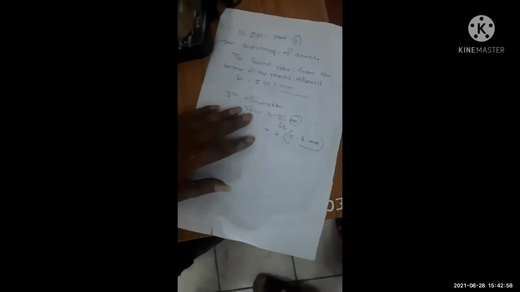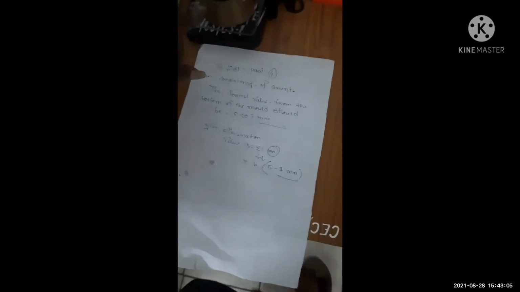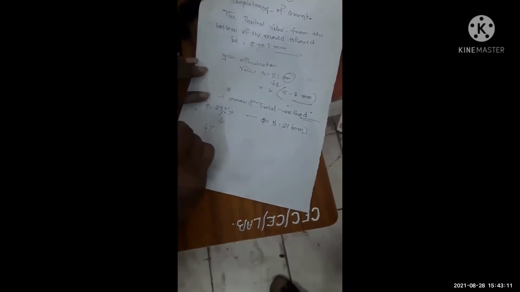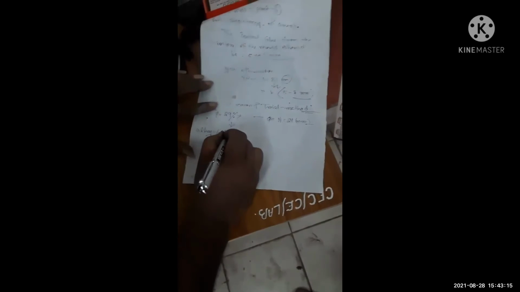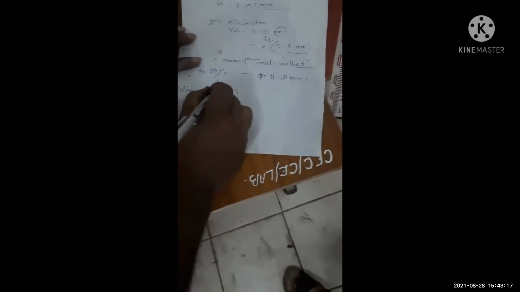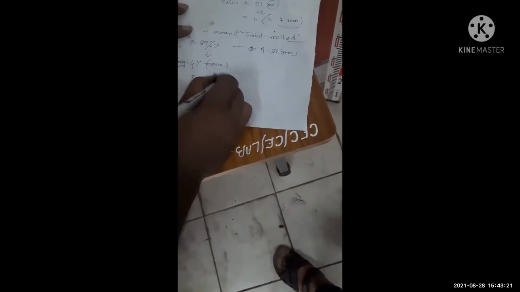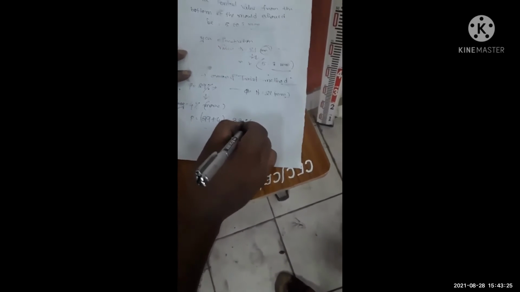So in this case we have to add water so that the needle can penetrate more. In this case we are adding 4% more water. So the total quantity of water will be 29 plus 4 equals 33%.